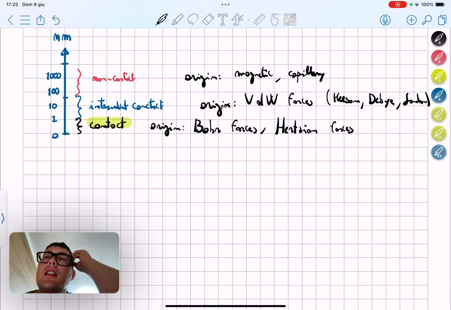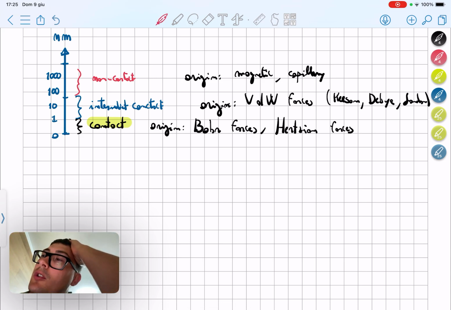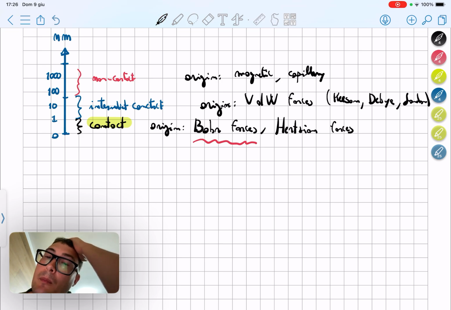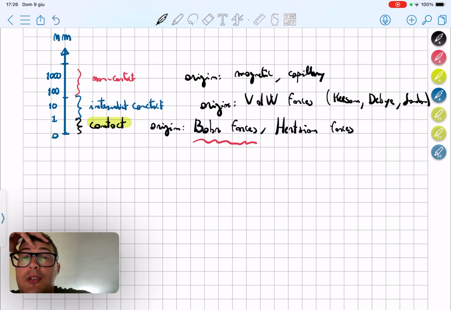We said that in contact, the origin of the force is Born forces, which is true. The meaning is that according to the Pauli exclusion principle, no two electrons can simultaneously have the same four quantum numbers.